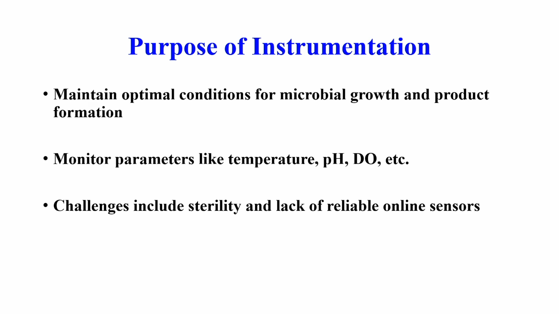So, why do you need to monitor? As you know, for a bioreactor the optimum temperature is, let us say, 30 to 40 degrees centigrade. Unless and until someone monitors the temperature, one cannot maintain an optimal temperature. The same is true for the dissolved oxygen level.